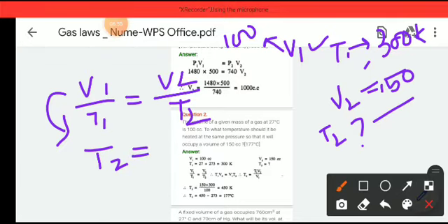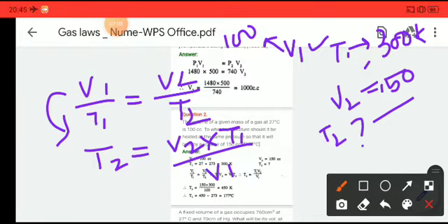So how can we do that? We just rearrange it, and we will find T2 is V2 into T1 by V1. In this equation, if we put the values of V2, T1 and V1, we will easily get the value of T2 in the Kelvin scale.